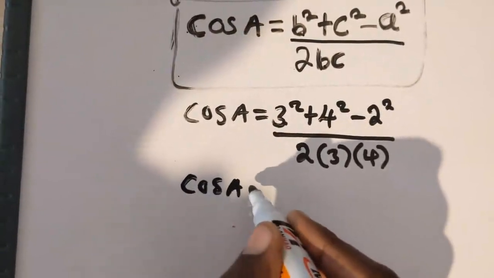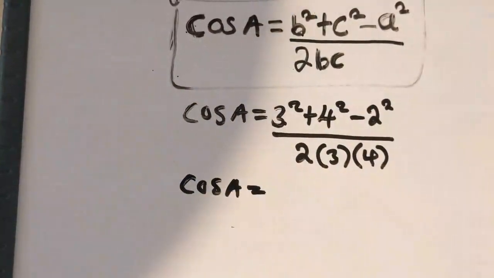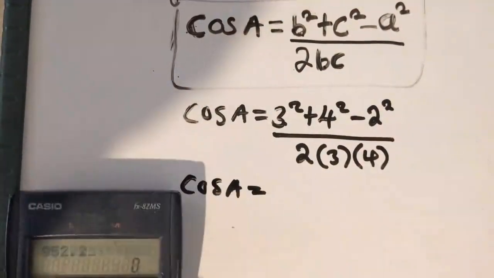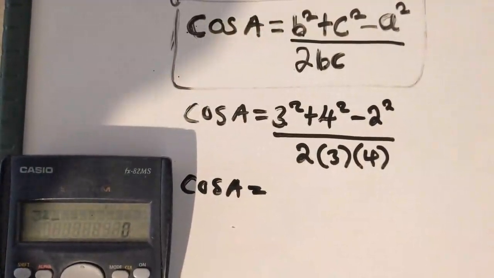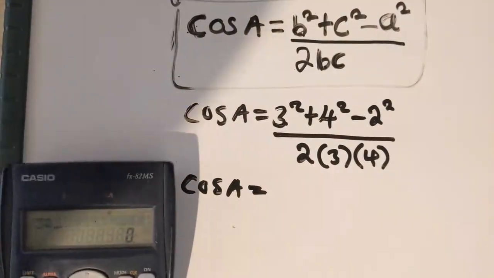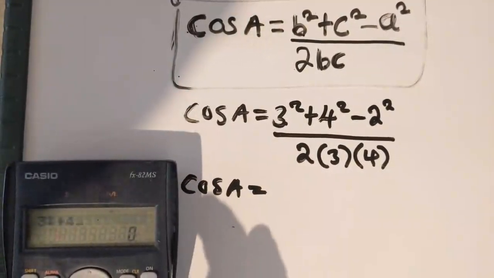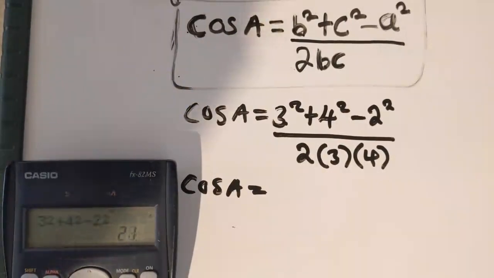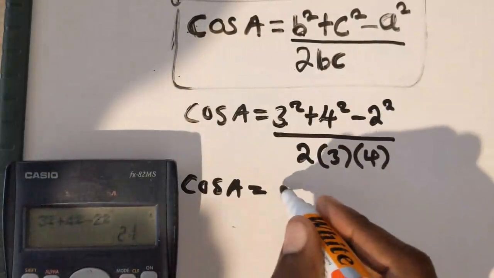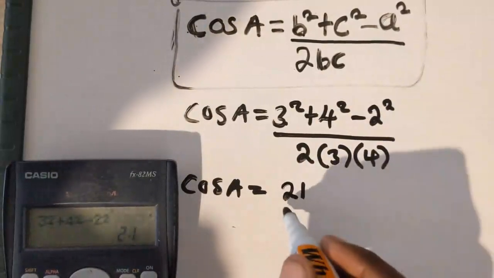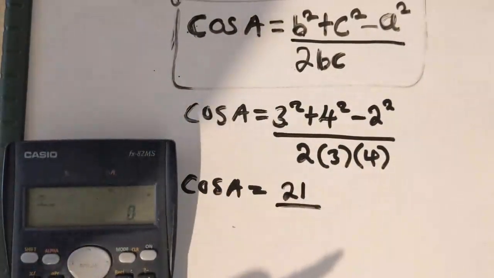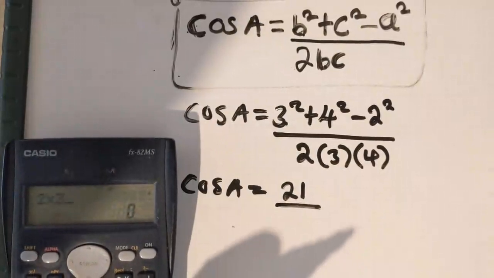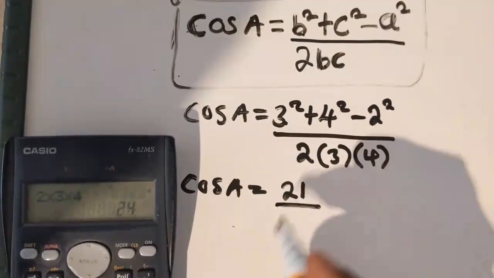So meaning that cos A is equal to, you can just punch this on a calculator. You're going to have 3 squared plus 4 squared minus 2 squared, so on top you're going to have 21. Then over 2 multiplied by 3 multiplied by 4, we have 24.